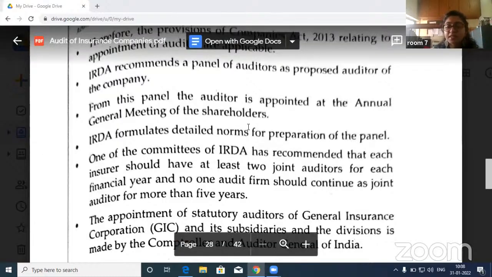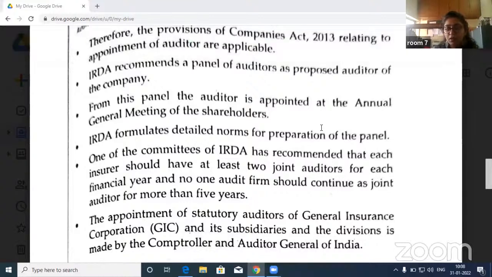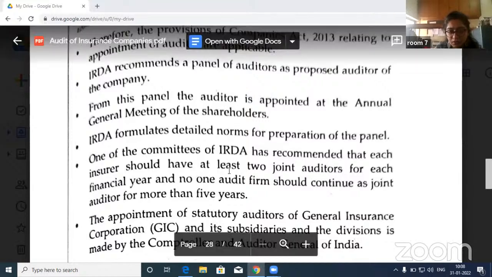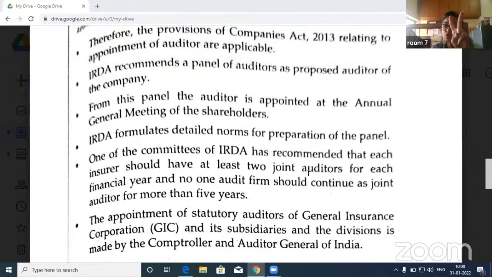IRDA formulates detailed norms for preparation of the panel. IRDA will see what the rules, regulations, and detailed procedure should be for the appointment of auditor. Norms means rules and regulations. Okay. One of the committees of IRDA has recommended that each insurer should have at least 2 joint auditors. 2 joint auditors means there will be 2 auditors working in the company.